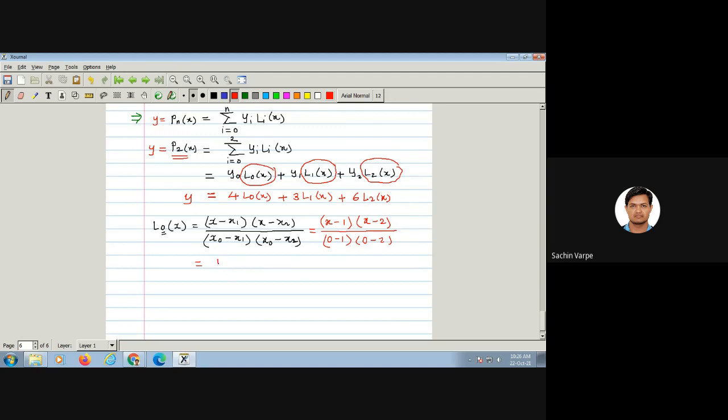So 1 by 2 times, because minus 2 into minus 1 is 2. Right? x minus 1, x minus 2. Is this clear to everyone? So half into, if I multiply x into x, x square, minus 2x minus x, minus 3x, and plus 2. That is the value of L naught of x.